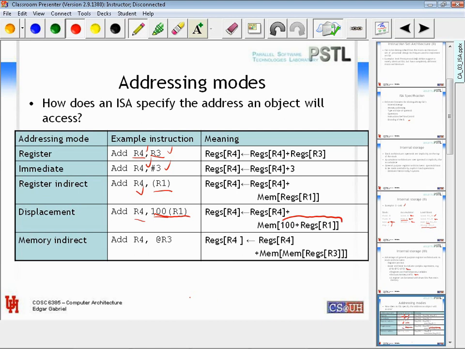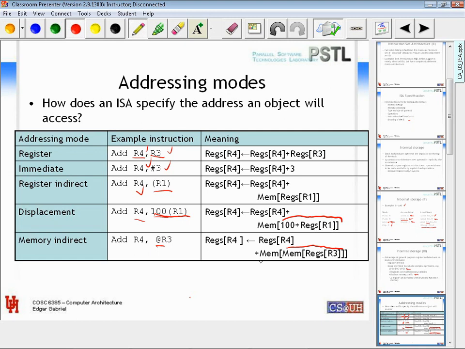Memory indirect addressing simply adds another layer of indirection. It's typically represented by the @ sign. So what we have now is: take the content of the register R4 and use it as a memory address. The resulting content of that memory address will, however, now be a memory address again.